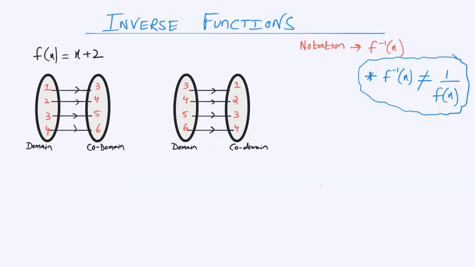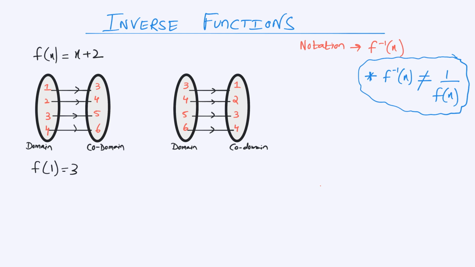Alright, so the next cool thing that we are going to discuss is the idea of inverse function. But before that, let's consider the simple function f of x equals x plus 2. Now these are the elements in my domain, and when I insert these values in my function, f of x is x plus 2, so when I insert 1 in my function, I get 1 plus 2, 3.